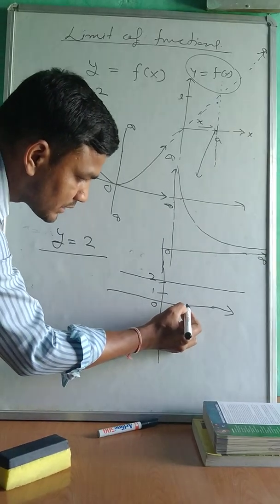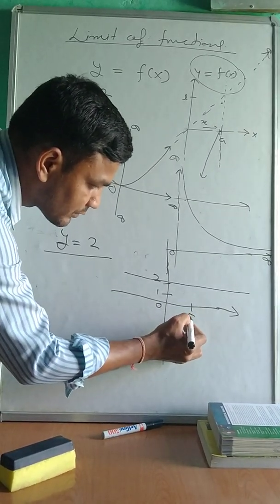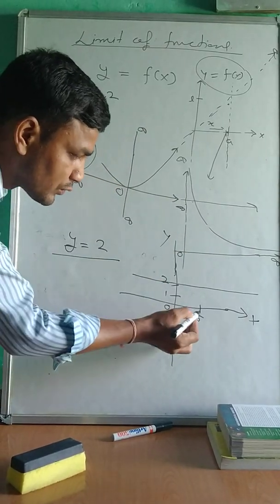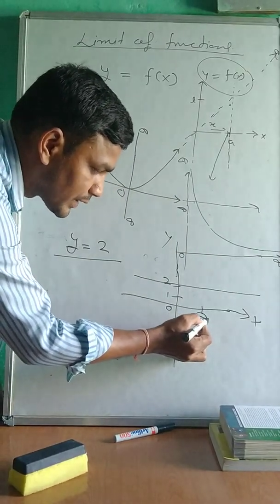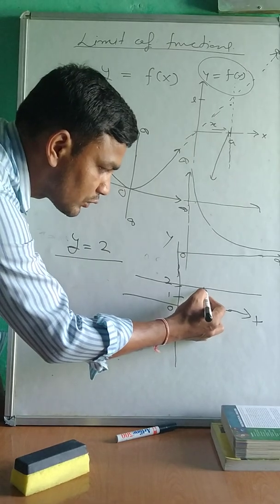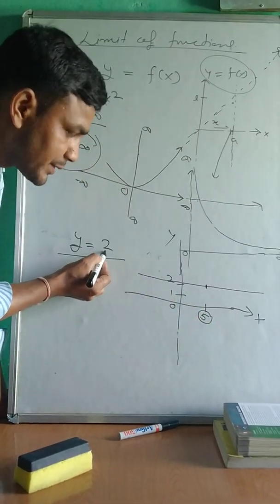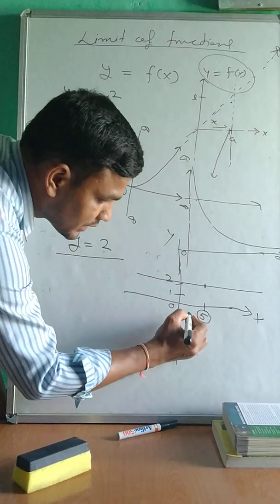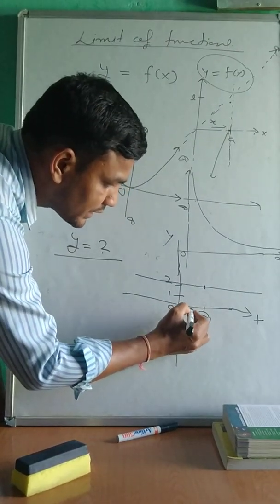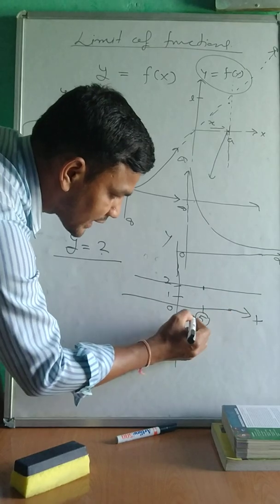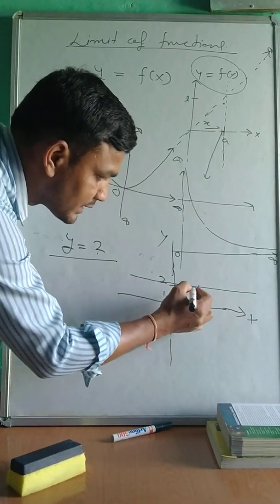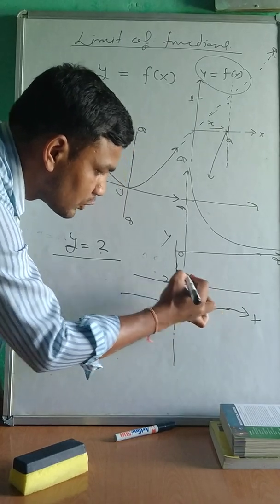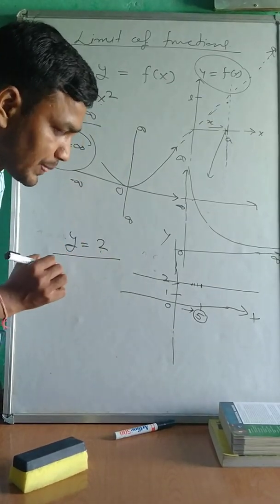Let us take the independent variable 5 on the x-axis. For independent variable 5, we have y equal to 2. For independent variable 10, we have y equal to 2. It means if we approach x to 5, then in the neighborhood of 5, all the values of y are 2.